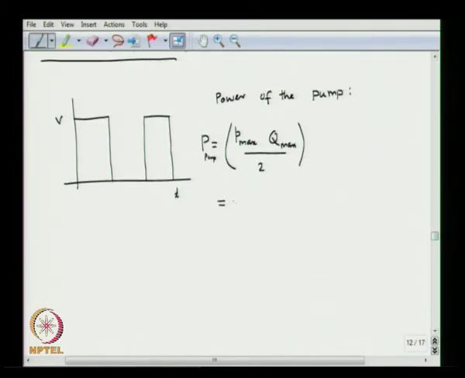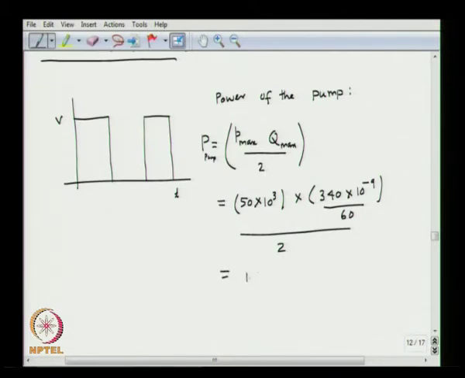P max is 50 kilopascal, 50 into 10 to the power 3, and Q max is 340 microliter per minute. So, 340 into 10 to the power minus 9 divided by 60 meter cube per second, divided by 2. So, that would be 1.42 into 10 to the power minus 4 watt.